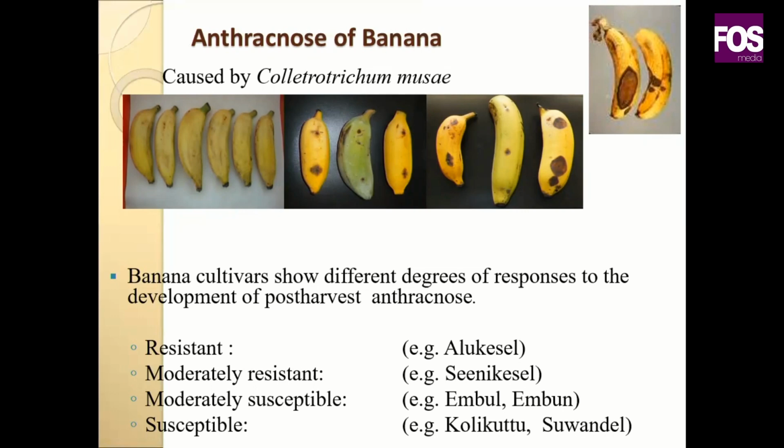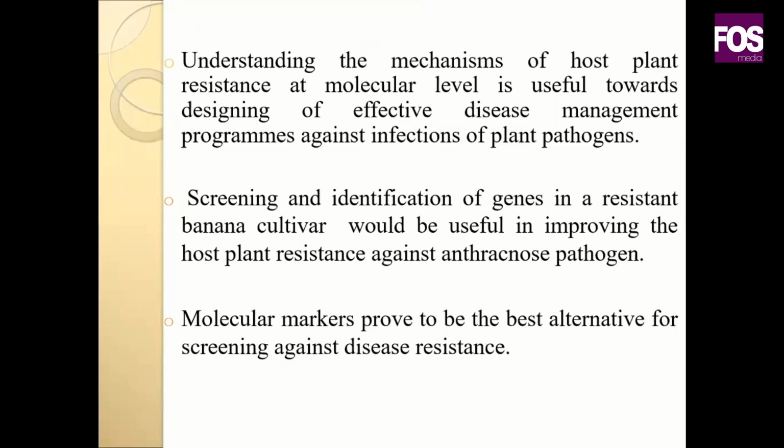So identification of their level of resistance, susceptibility or tolerance to disease is very important. Therefore, this marker can be used as a very good tool to screen plants for their resistance to pests and diseases. Understanding the mechanisms of host plant resistance at the molecular level is useful towards designing effective disease management programs against infections of plant pathogens.